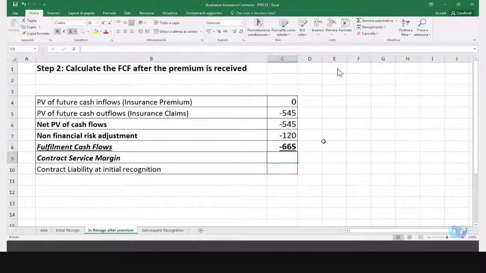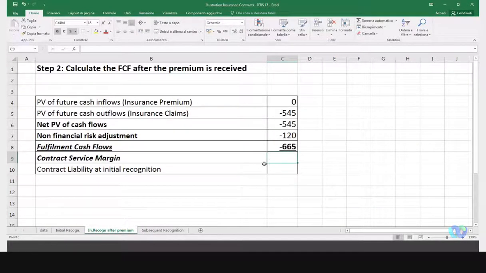Remember what I told you before. After receiving the premium, the fulfillment cash flows represent the total expenses from this contract that will be divided or allocated over the time span of 3 years. After you account for this contract for 3 years, at the end of year 3, when you gather together all the expenditure, it should be 665, okay? So you can check yourself, are you correct or not?